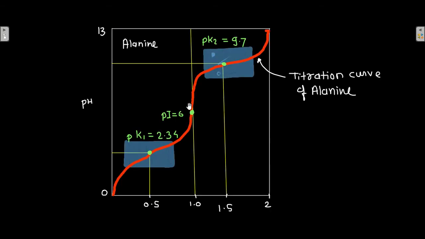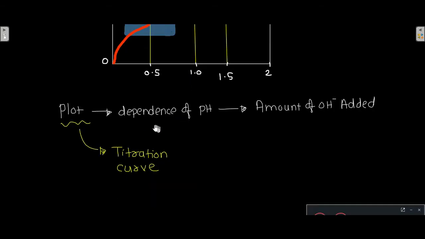Now this figure is showing the titration curve of alanine, which is a monoamino monocarboxylic acid. A plot which shows the dependence of pH on the amount of OH- added is your titration curve.